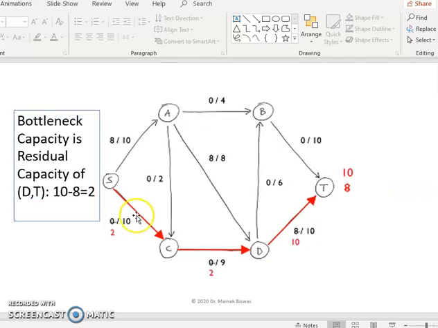On D to T we have already used 8, so the bottleneck is the residual capacity, 10 minus 8, which is 2. So we update the flows: S to C is 2, C to D is 2, and D to T is 8 plus 2, which is 10. So the sink value also increases, 8 plus 2 becomes 10.